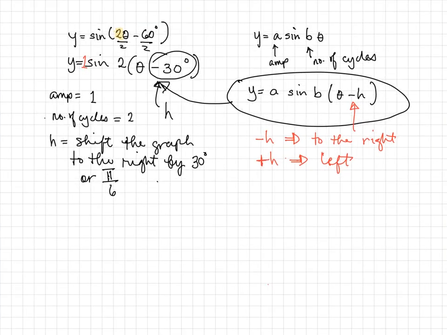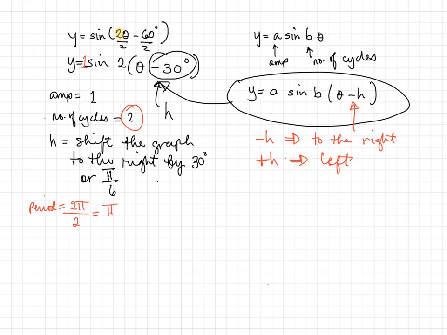So the first thing we have to remember is when we graph, we need a period. Number of cycles is given, so it's easy to find the period. Period is equal to 2 pi divided by number of cycles, which is 2. Then period is equal to pi.